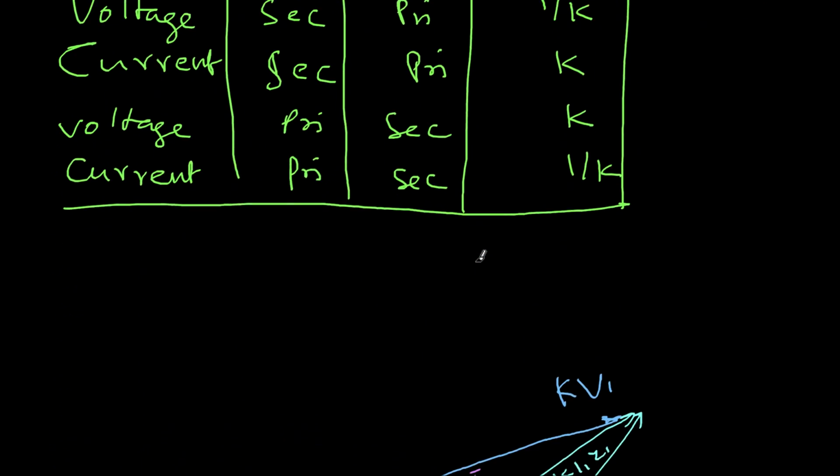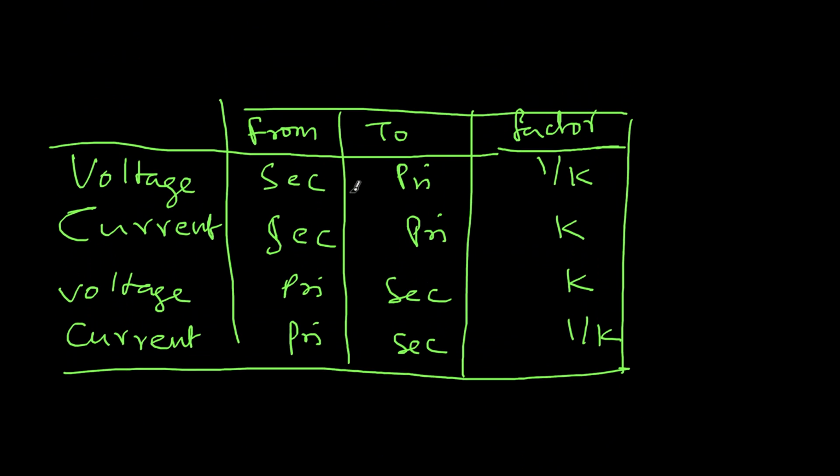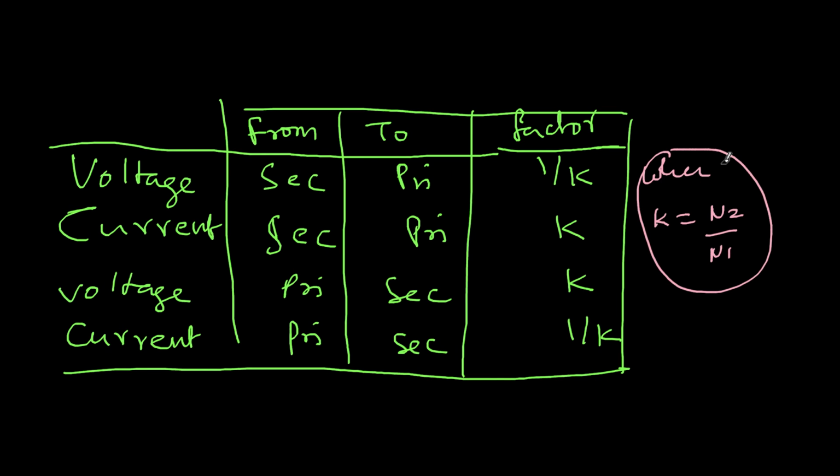The same thing I have redrawn. This is the table of conversions. If I want to transfer the voltage from secondary to primary, I multiply it by 1 by K, where K is N2 by N1. So this is important. N2 by N1 is the turns ratio.